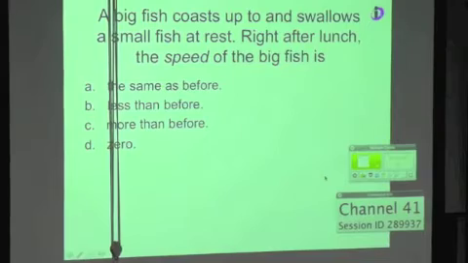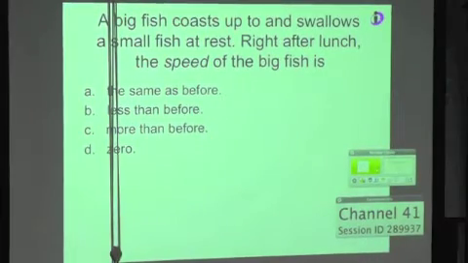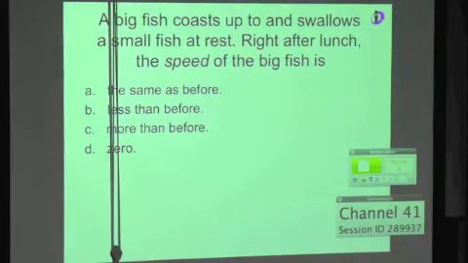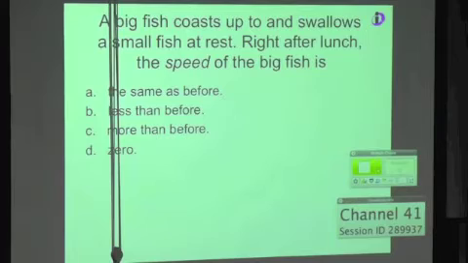So this is a collision between a big fish and a small fish. You got a small fish just sitting there minding its own business, not moving. And here comes big fish. Wow, wow, wow. Chomps it and keeps going. Precursor question. Is this an elastic or an inelastic collision?